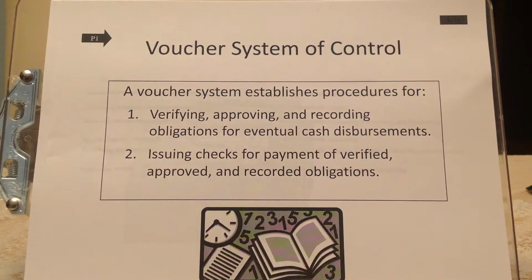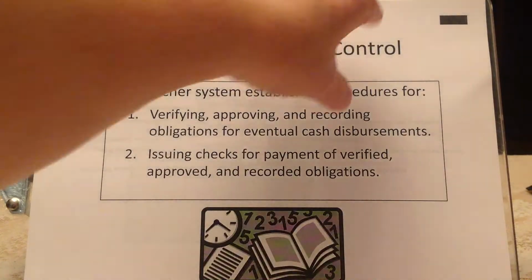The people in purchasing have to approve that, yes, we did purchase these items. Then the people in the stock or inventory department have to verify that we received the items. Third, it gets approved for recording the obligation and for paying the bill. Kind of makes sense? I hope that does to you.